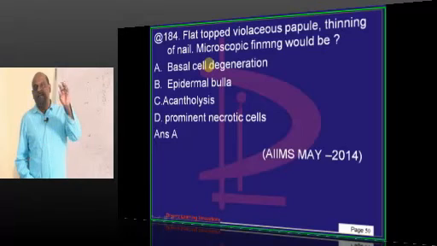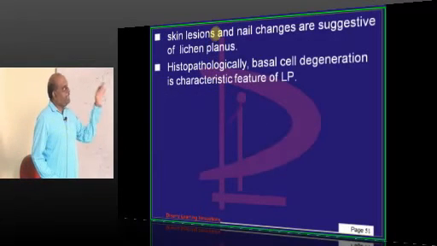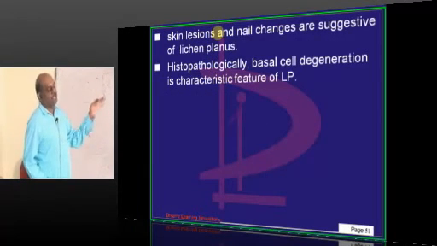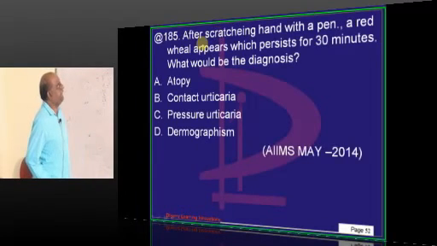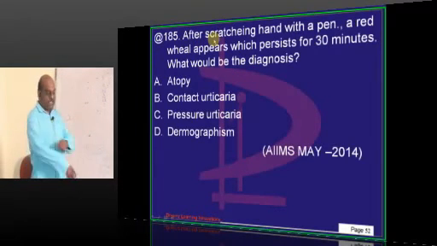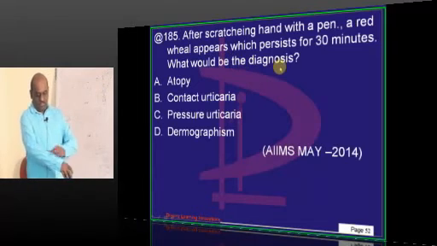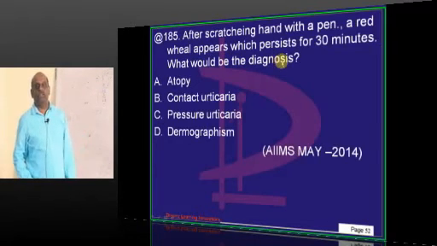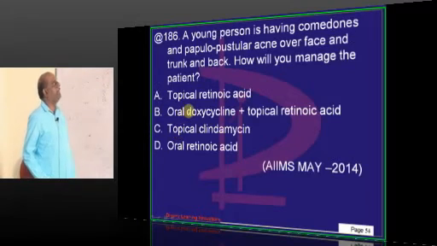What are the four P's? Papular, pruritic, polygonal, purpuric lesions of the lichen planus. So there is a basal cell degeneration which is histological hallmark of lichen planus. After scratching the hand with a pen, if there is any bump appearing, that is called as the dermographism is what need to be remembered.